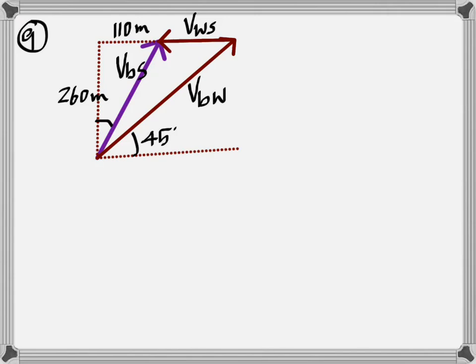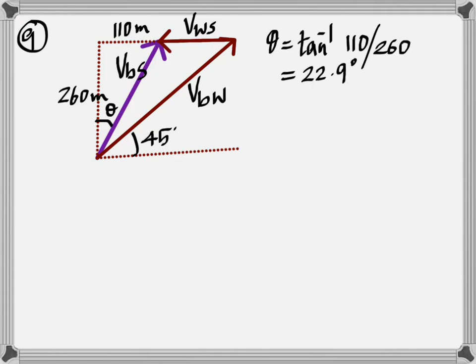Can you find that angle? If you take tan theta, wouldn't you get it? So that angle, you can find that. Theta is tan inverse of 110 by 260. Got it as 22.9 degrees.